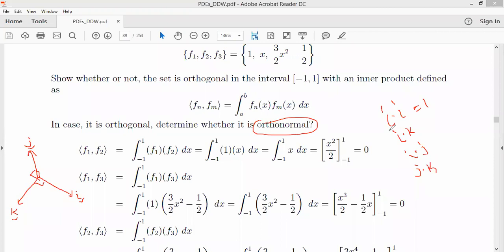For each of those, the result will be 0. And here, the commutativity property works. You can commute these ones, even if you have k dot i, j dot i or k dot j.